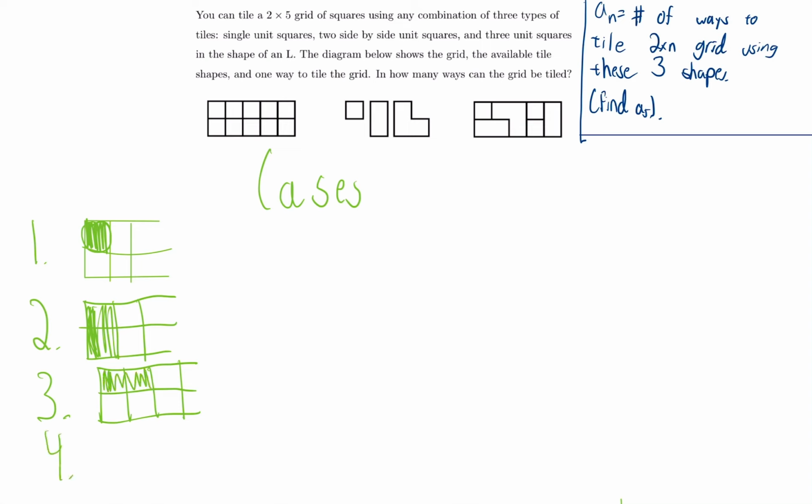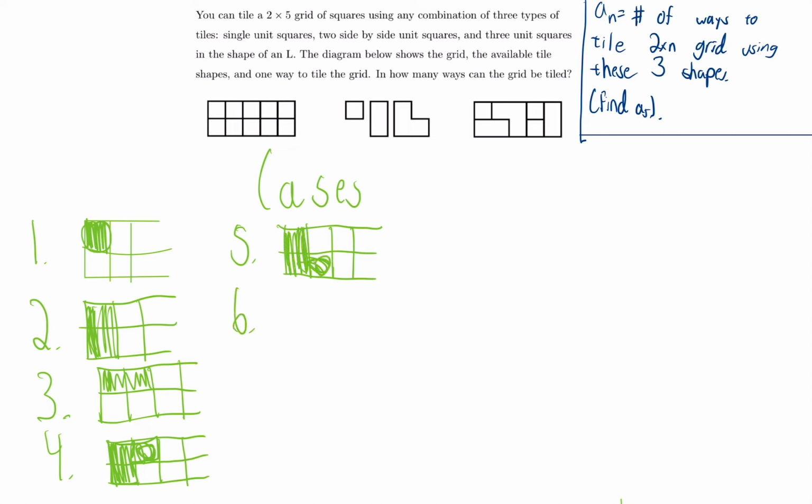Case 4 is if there's a 3x1 like that. Case 5 is if there's a 3x1 like that. In case 6, there's a 3x1 like that.